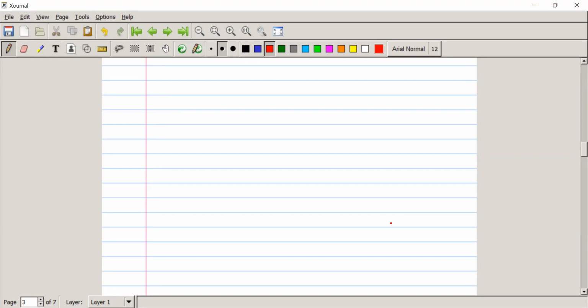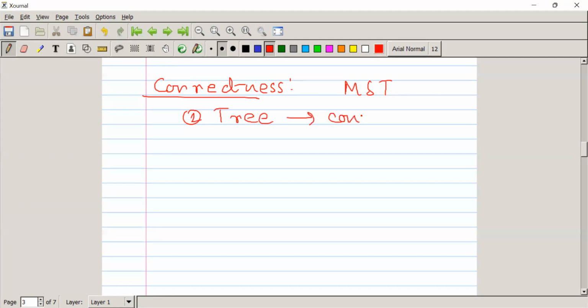Yes, ma'am. So now to prove the correctness, first of all, we have to prove the MST. So first we have to prove that it is a tree, that is connected and acyclic.